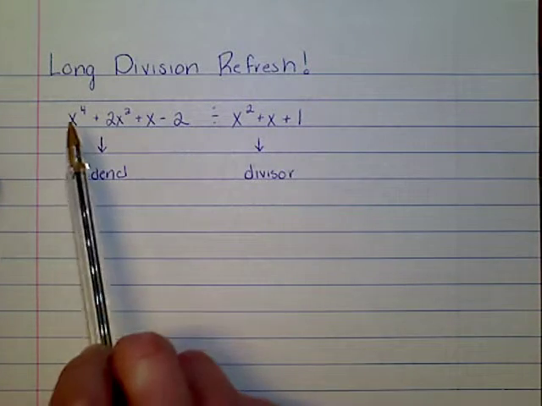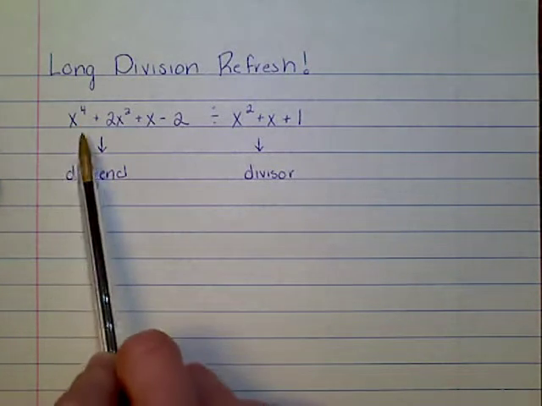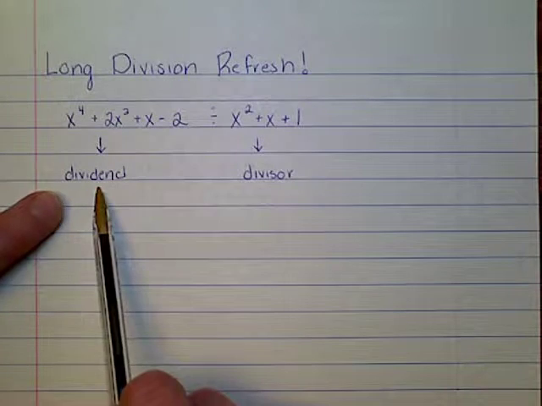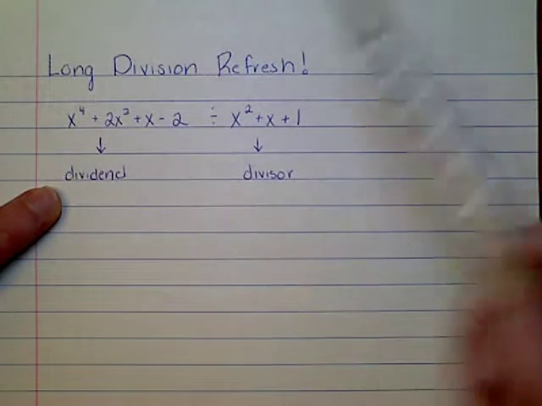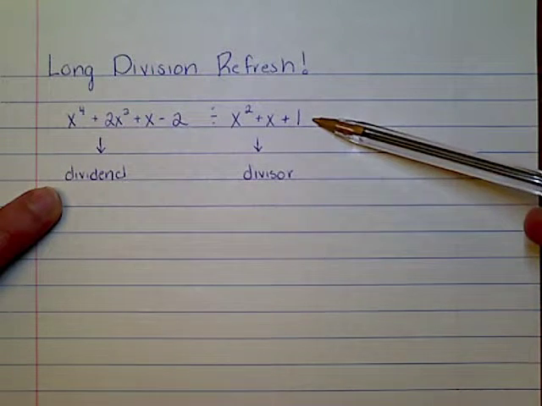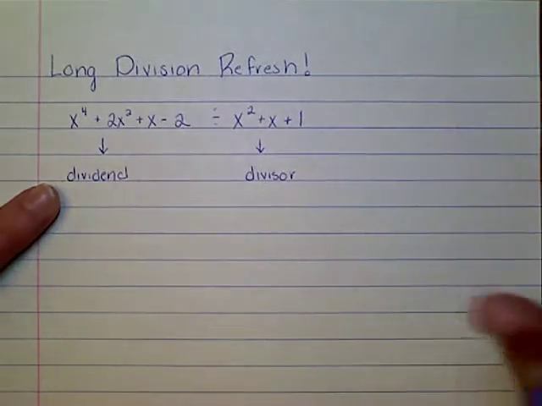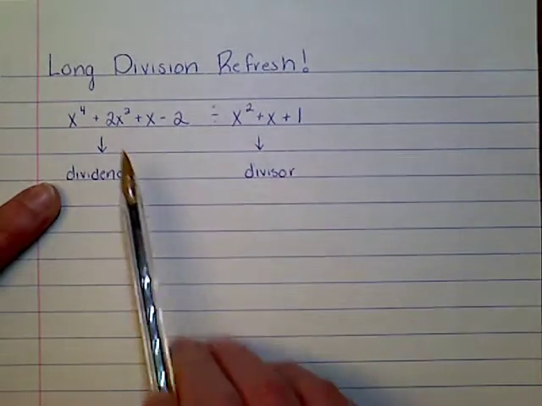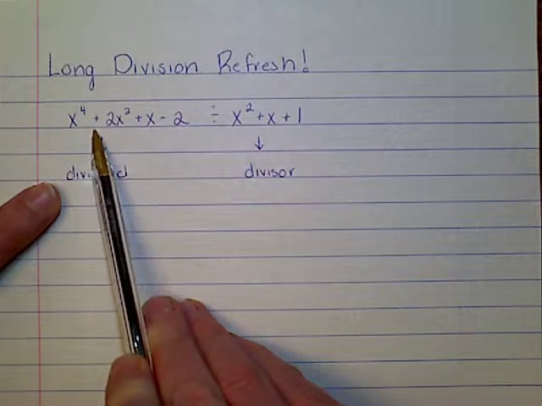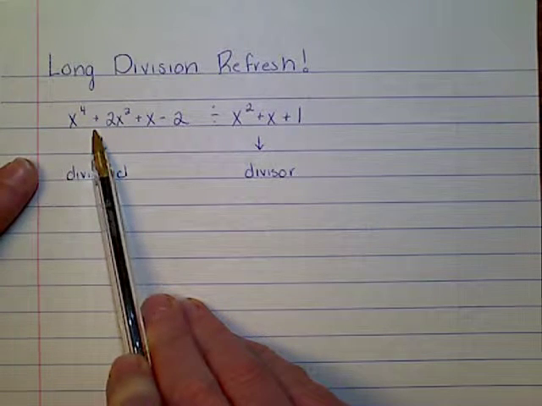We have a quartic polynomial here, and that's going to be our dividend. That's the thing that's getting divided. And over here we have a quadratic divisor. Okay, so one thing you might notice with the dividend is we seem to be missing an x cubed term.